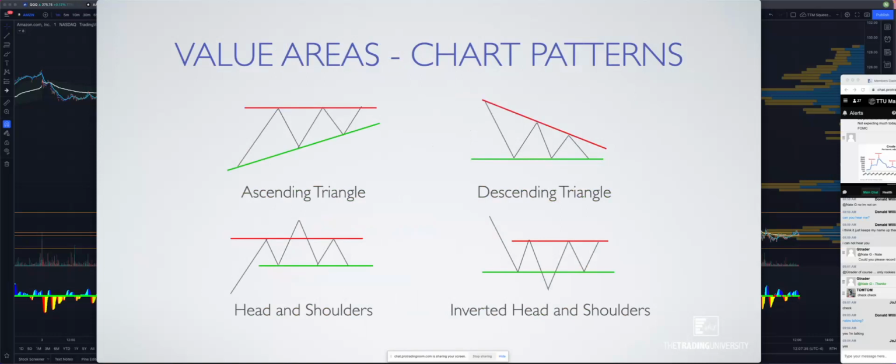That's essentially what you're looking at, depending on your time frame. This is an accumulation or distribution, and this is where these chart patterns are created, and then they break one way or the other. So it's just a consolidation in price, and that's what creates these value areas.